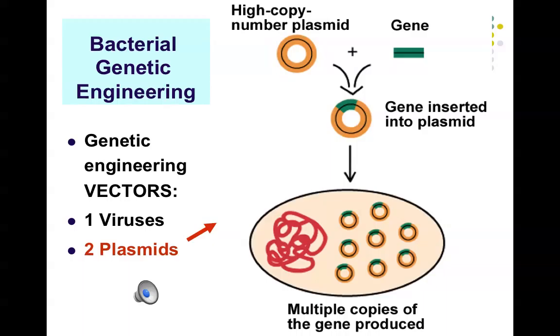We can also use plasmids, and if you recall, plasmids are tiny, small, circular rings of DNA that we can find in prokaryotic organisms, especially bacteria. Plasmids are the extrachromosomal DNA of prokaryotes that can have additional genetic material that's unique or not found on the chromosome of the prokaryotic organism.